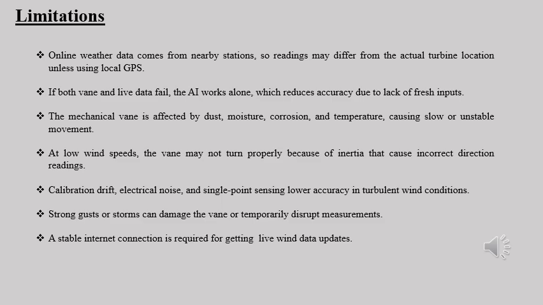If both vane and live data are lost, then the system relies only on the AI data, and its accuracy depends on the older data. The mechanical wind vane can be affected by dust, moisture, corrosion, and low wind speed. Also, a stable internet connection is needed for updating live data every few seconds.